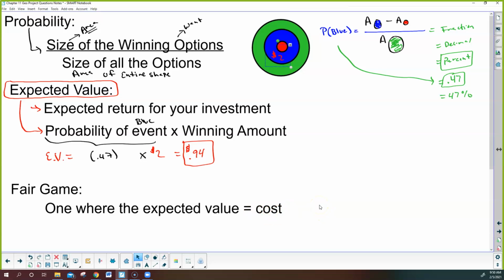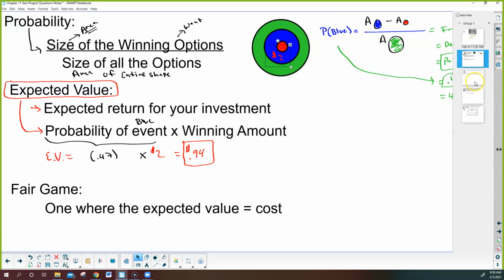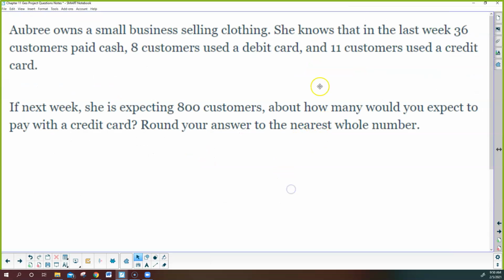So there's some things you can do within the game, either increase the amount that the prizes are worth, or decrease the cost it takes to play the game. Okay? So those are some things to think about with expected value. All right, let's look at this example. I don't want you to write it down. I just want you to look at it.